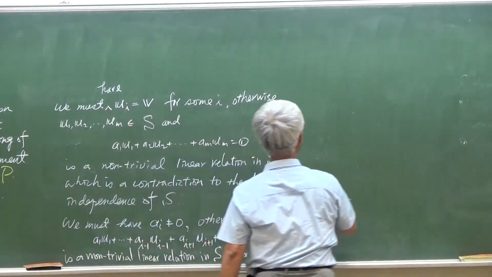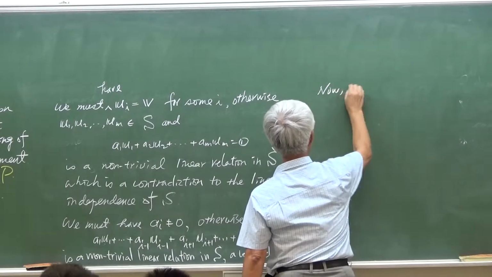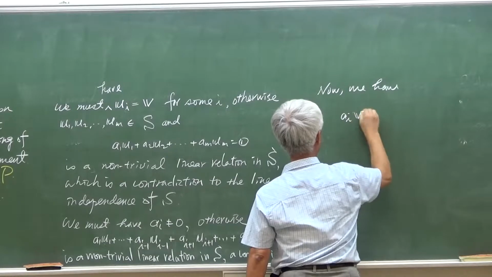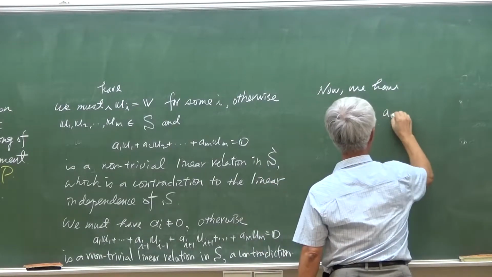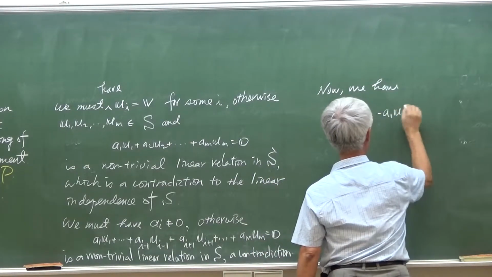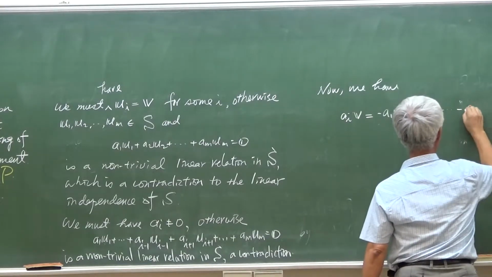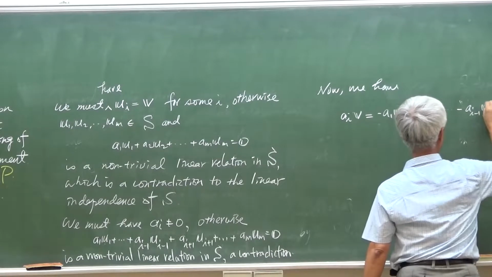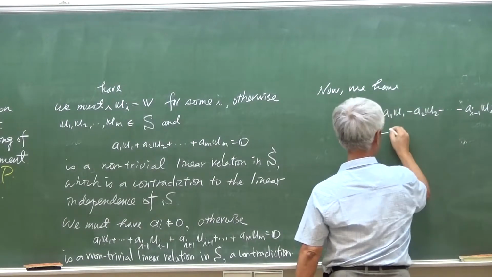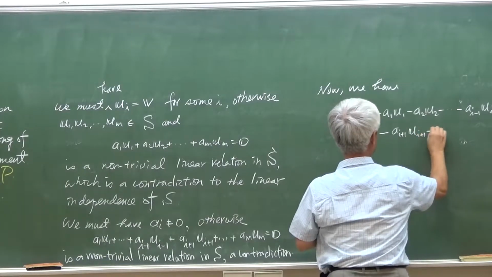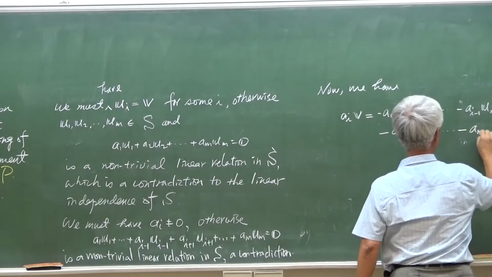So now, finally, we have ai u equal to a1 u1 minus a2 u2, and so on, minus ai minus 1 ui minus 1, minus ai plus 1 ui plus 1, minus am um.